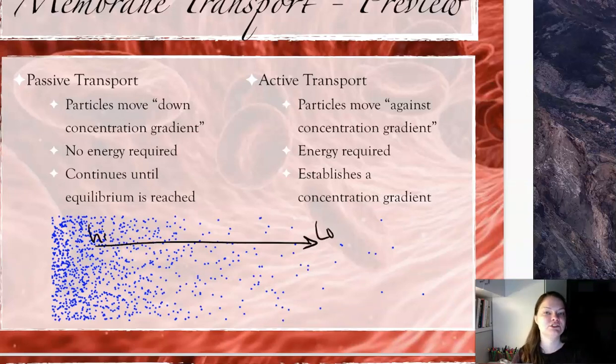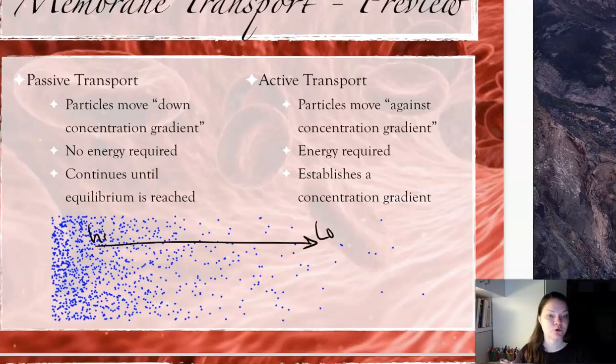It's those kids just spreading out. And the only energy that's needed is the molecular energy that's already present. As you can imagine, heat up something and it bounces around more and is likely to reach equilibrium faster, right? That's why if you mix Kool-Aid with really, really hot water, it dissolves faster because now these particles aren't just moving a little bit, they're moving like crazy.